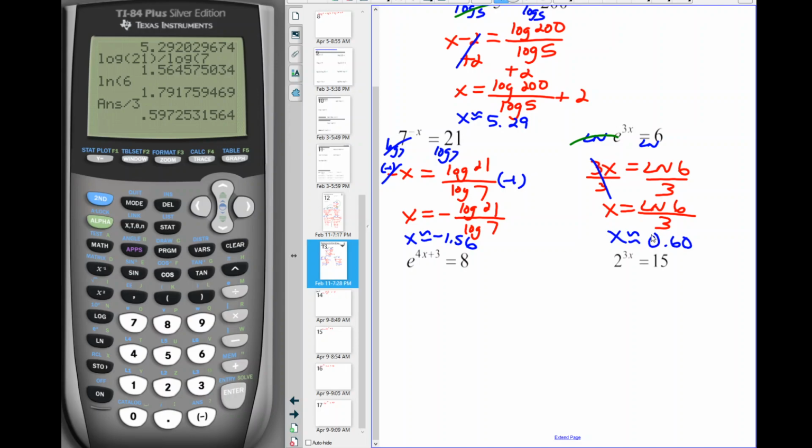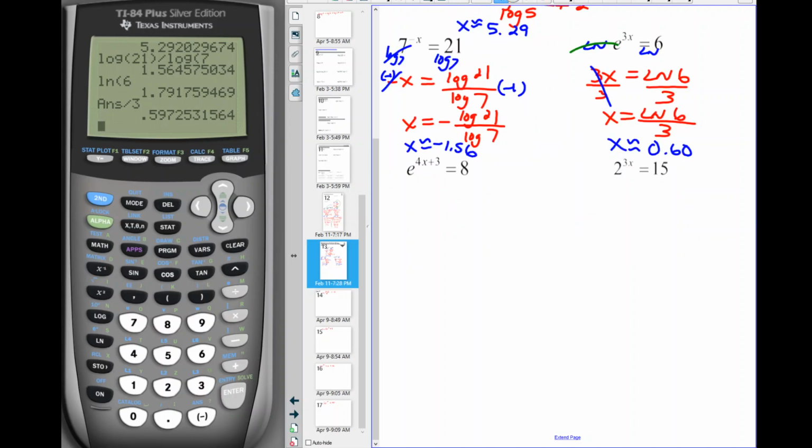Good, just like the last time, in order to get rid of a base of e, you can just do ln on both sides. ln. So 4x plus 3 is equal to ln of 8. And then, minus 3. ln of 8 is irrational, 3 is rational.